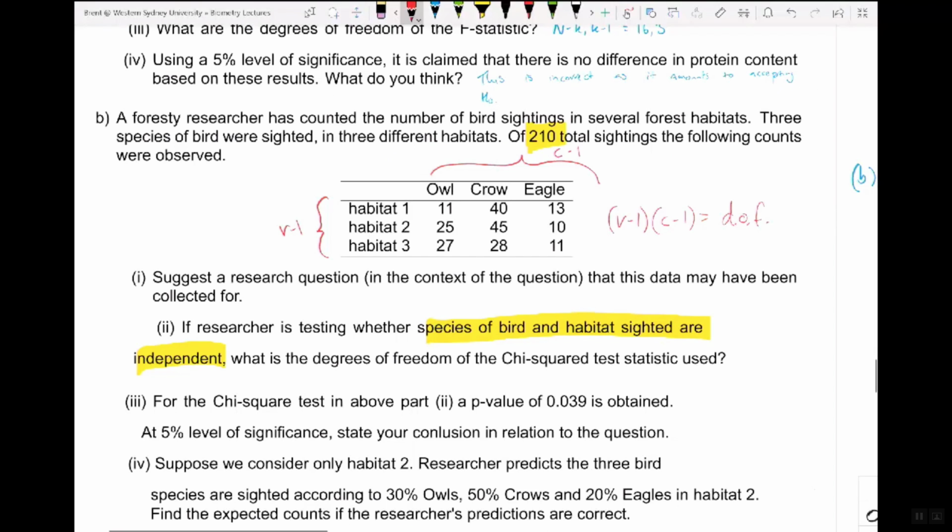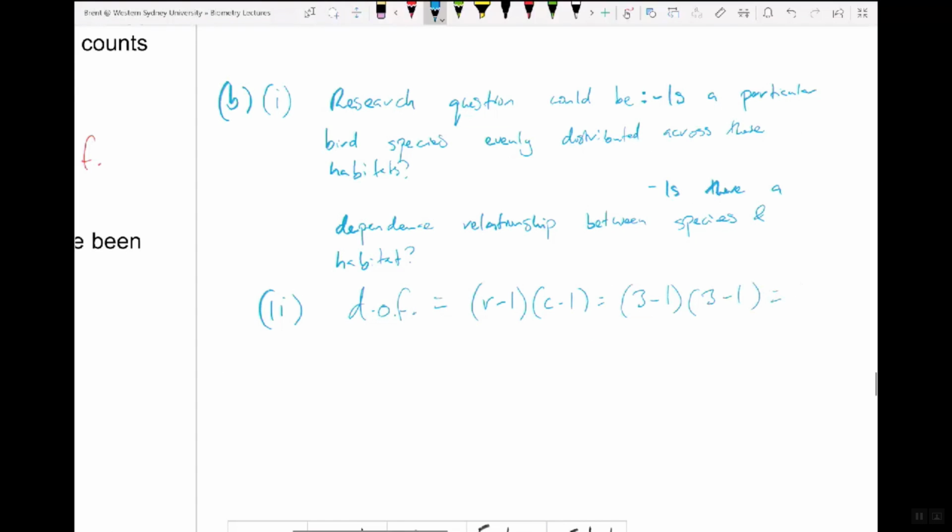My p-value, I always like to write them down side by side just to make sure I don't make an easy mistake. P-value 0.039. Again, we simply say, since one is bigger or smaller, in this case the p-value is smaller than the significance level. We do reject the null hypothesis. We do reject H0. That's my decision.